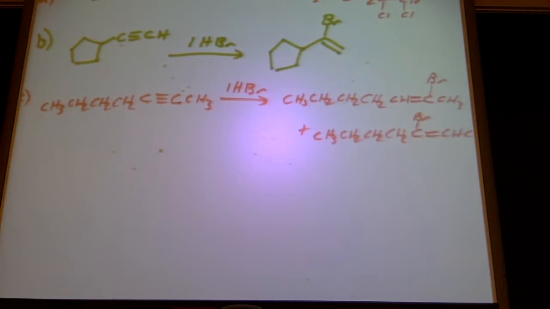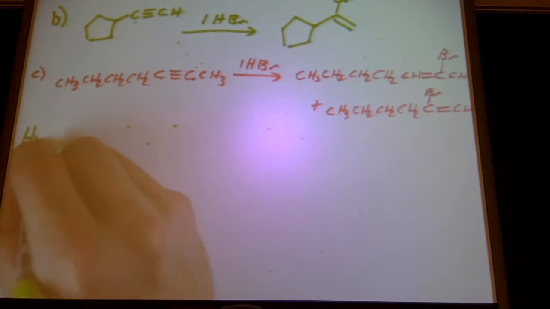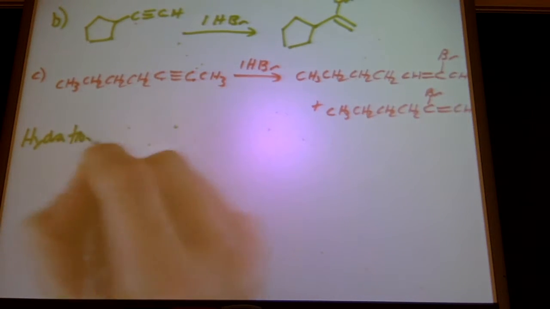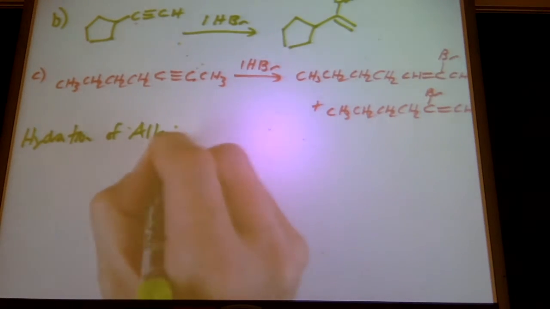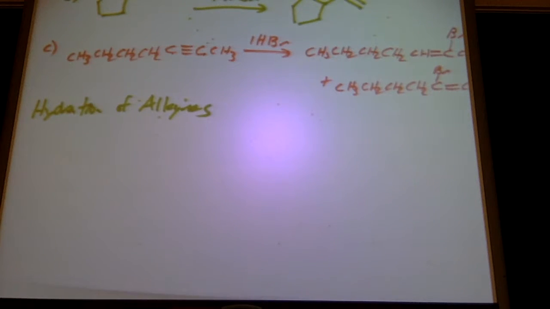The next reaction we're going to look at is hydration of alkynes. So hydration, water, so I'm adding water to my alkyne. So H to one side, OH to the other side.